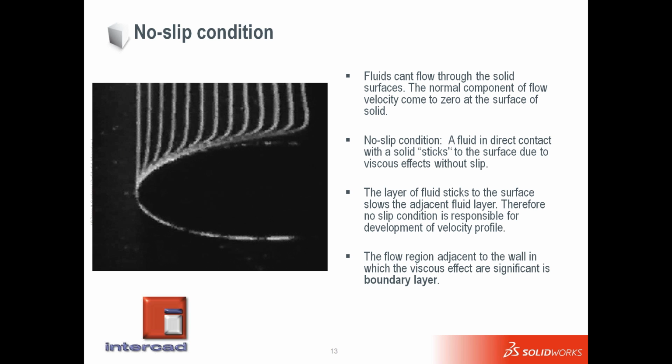And because we have viscosity, meaning internal resistance of the fluid to motion, this viscosity will affect the adjacent layer of the fluid near that surface. So the resistance to the motion is 100% when it sticks, and then it gets less and less until this viscosity's effect can simply be ignored.